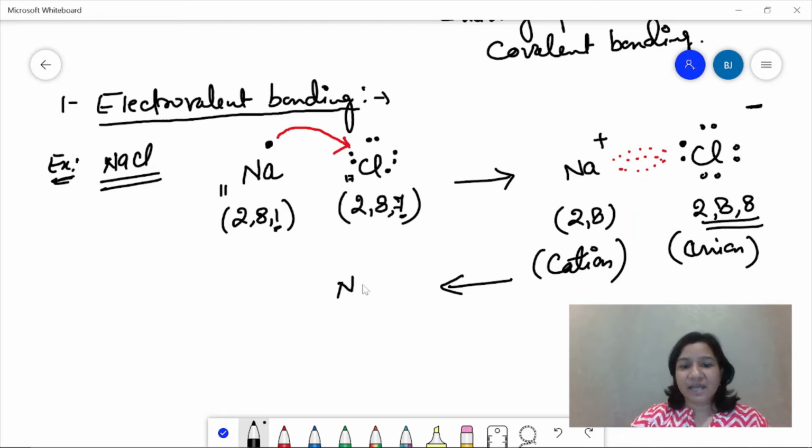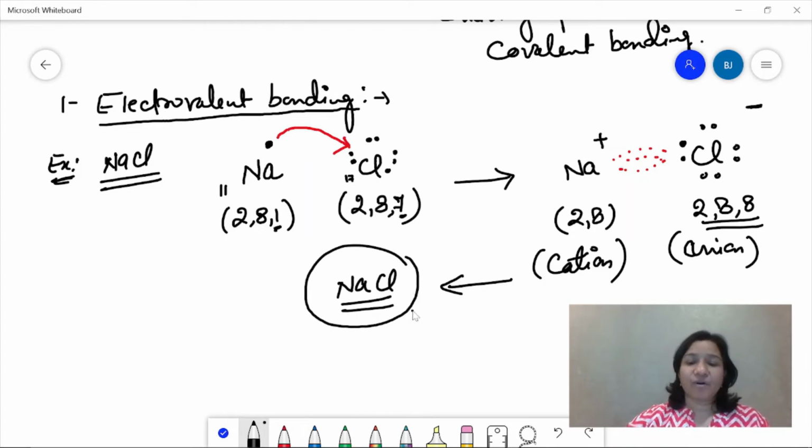In that way these two ions will always remain together and give rise to sodium chloride. Correct? So this is the formation of sodium chloride, and this is an example of an electrovalent compound. The compound which is formed by the transfer of electrons is known as an ionic compound or electrovalent compound. Right?